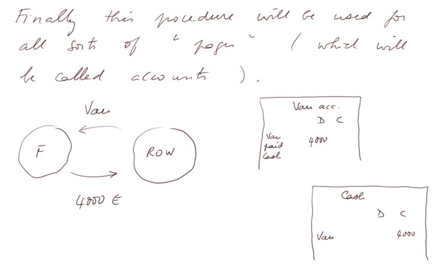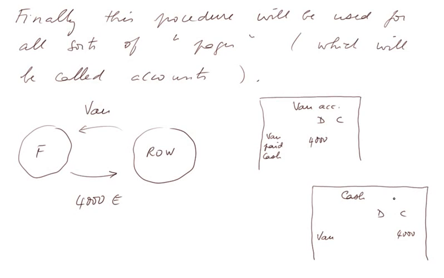For instance, when we buy a van and we pay the van cash, the firm receives the van from the rest of the world, and 4,000 euros leave the firm to the supplier who belongs to the rest of the world. There is a page in our accounting systems that records value of the van nature, transportation equipment nature, and it is debited 4,000 euros.